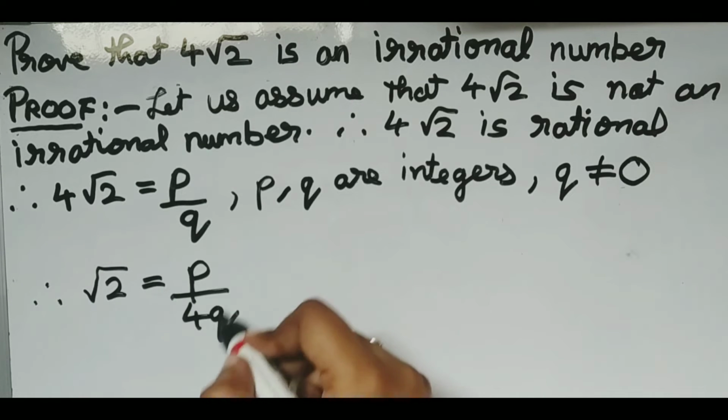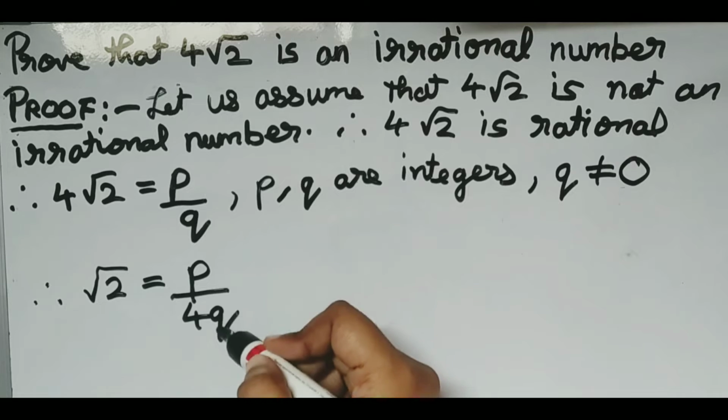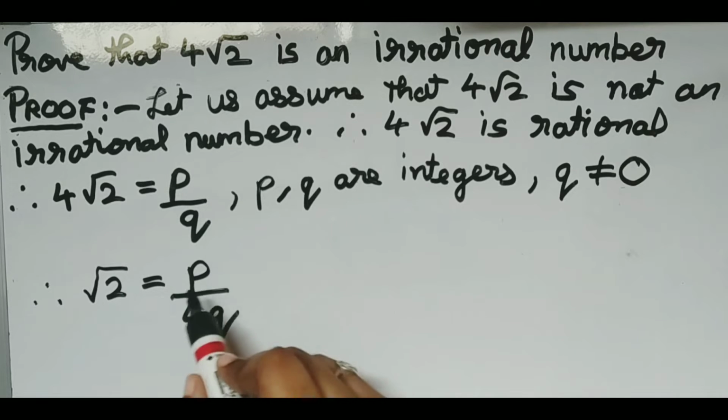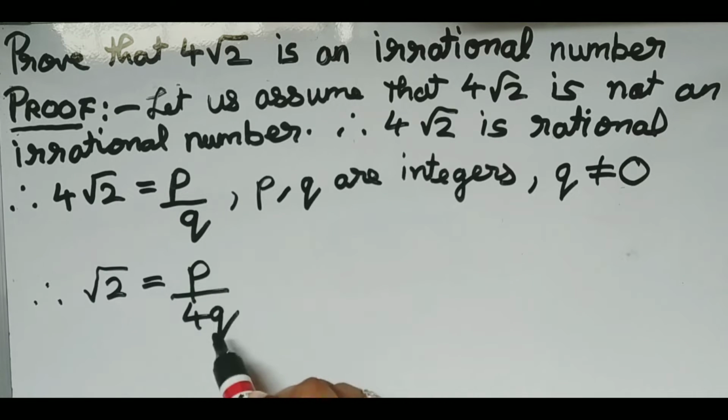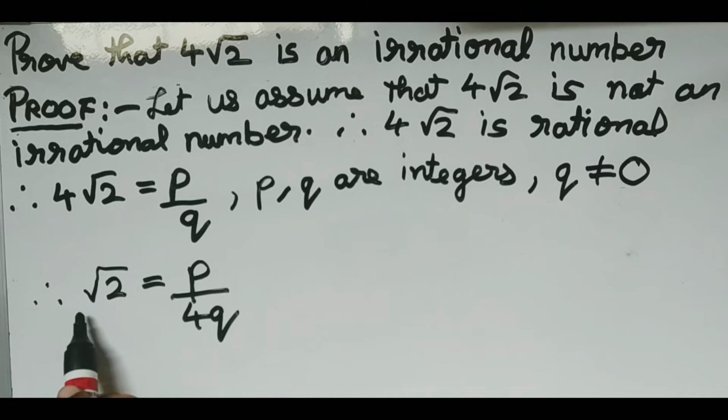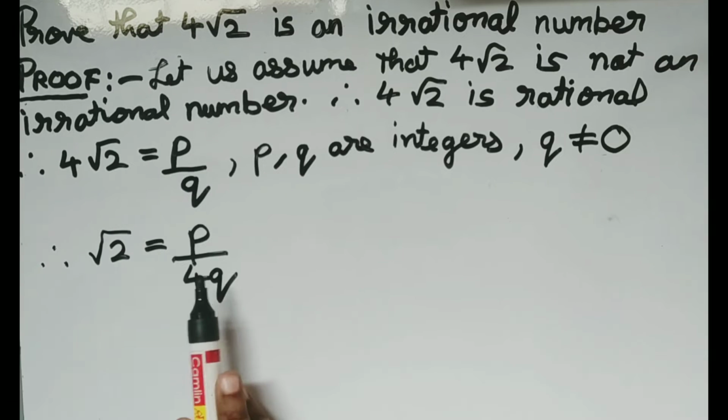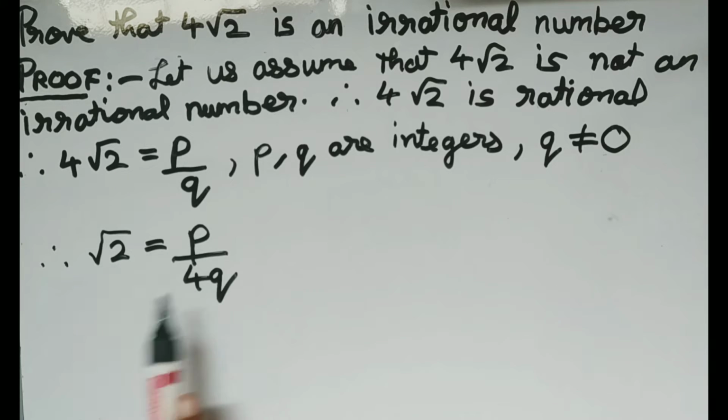Again, this is in the form of P by Q only. So this right hand side, P upon 4Q, is a rational number and this side is an irrational number. Is it possible? One side it is irrational and the other side it is rational. Is it possible to have such a type of equation?